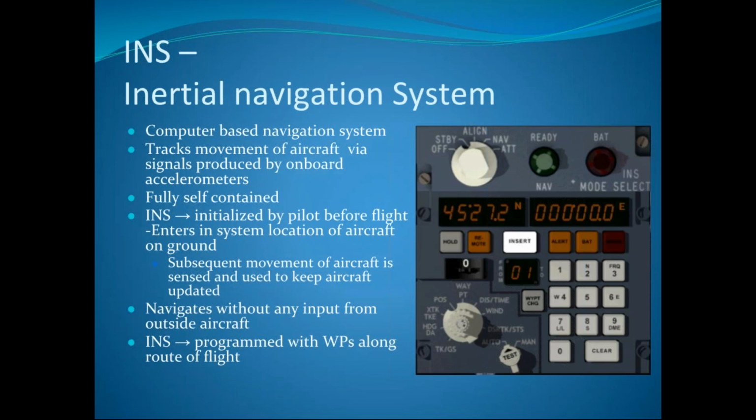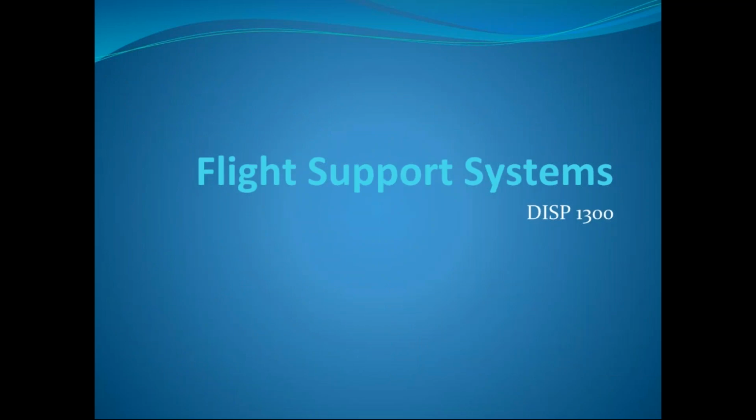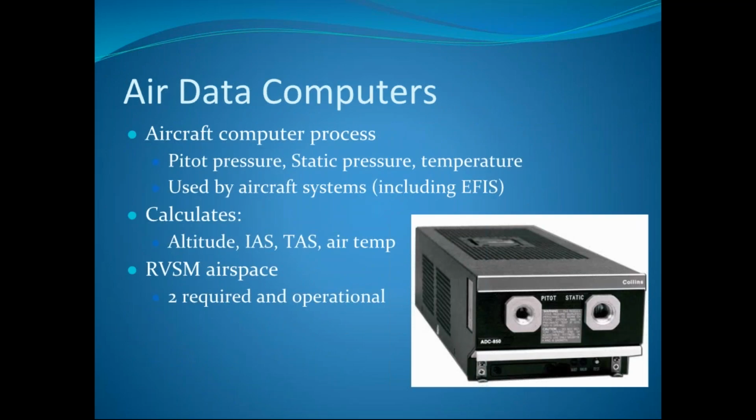So this is something that just works. It doesn't require a whole lot of input from the pilot himself. So it's more of an auxiliary system than it is a primary system.